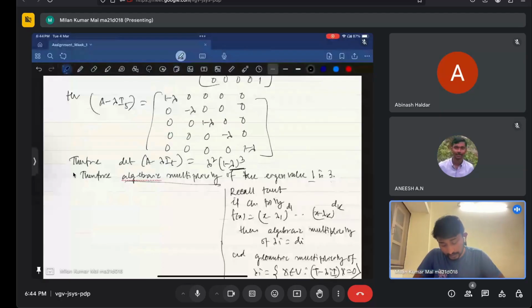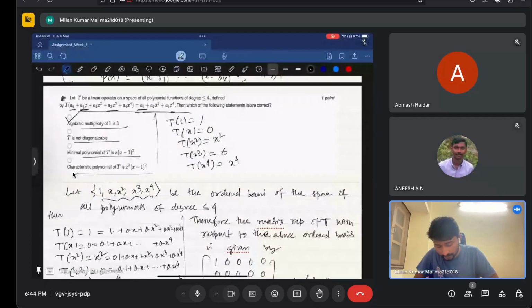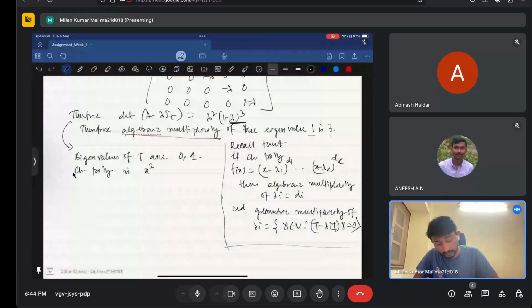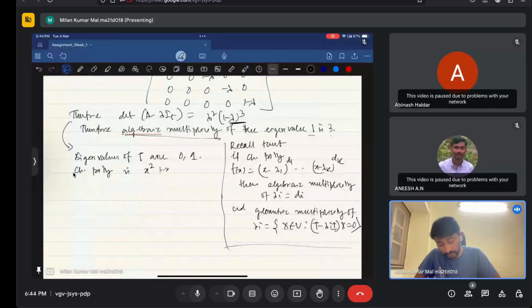Whether T is diagonalizable or not, that is the first question. The characteristic polynomial is x square (1 minus x) cube, or better to write it this way, (x minus 1) cube x square. Therefore the last option is false.